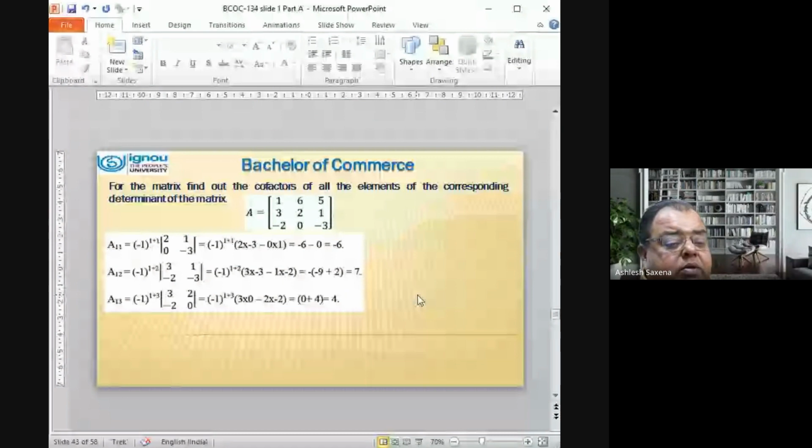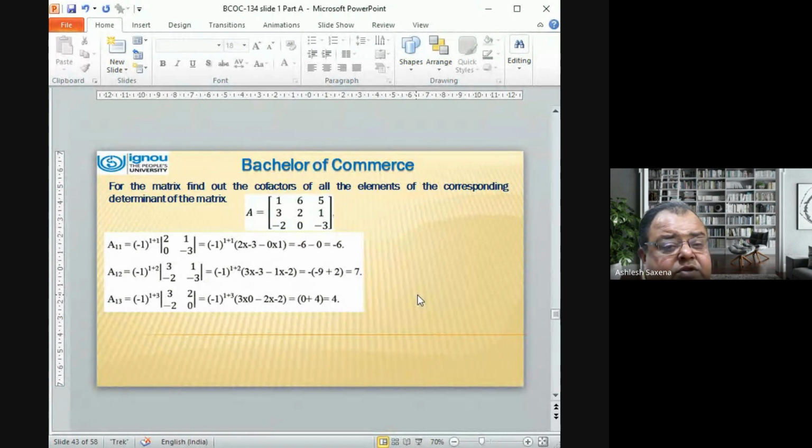Now you can see, for this matrix, find out the cofactors of all the elements of the corresponding determinant of the matrix. This matrix is given to you. First of all, A11. Remove first row, first column. If you remove the first row and first column, you are left with minus 6.